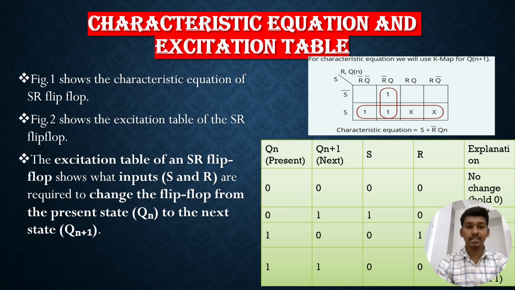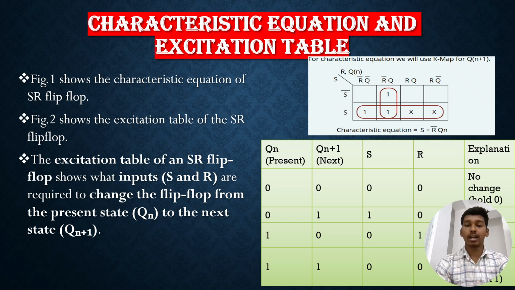Let us first see the behavior of the characteristic equation, considering when the next state output is 1. By taking these outputs into consideration, we can build a four-variable K-map as shown in the figure.